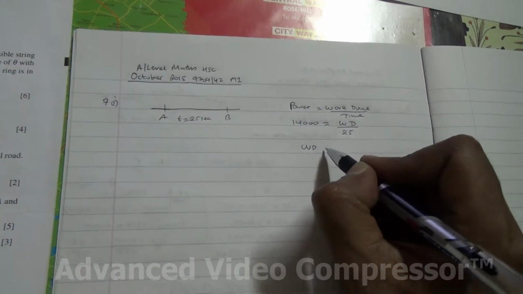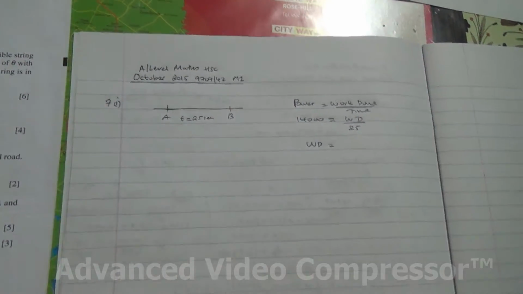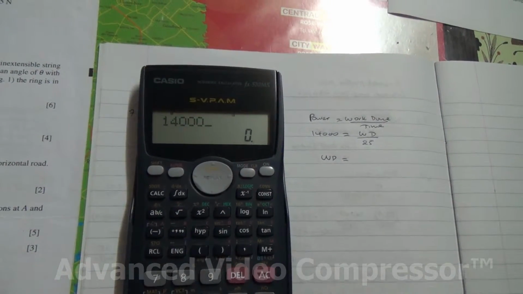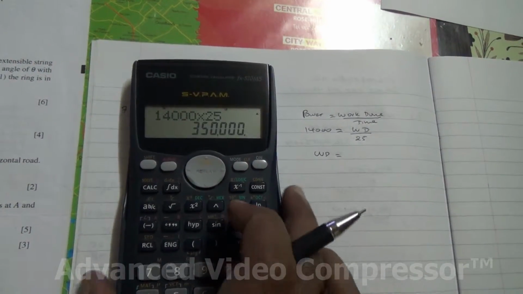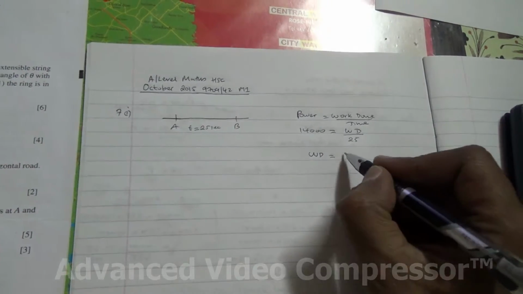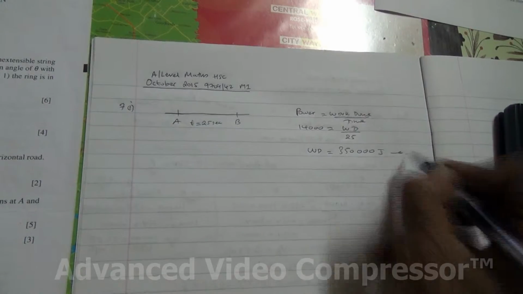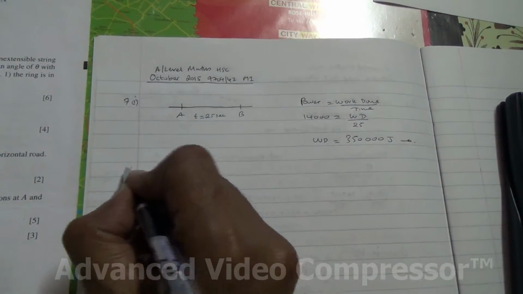Therefore the work done by the car in traveling from A to B is 14,000 times 25, 350,000 joules. First part is done.